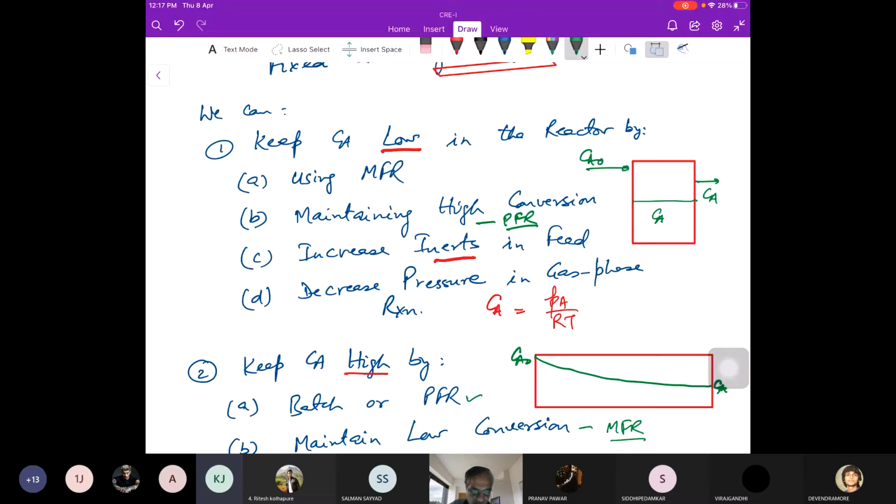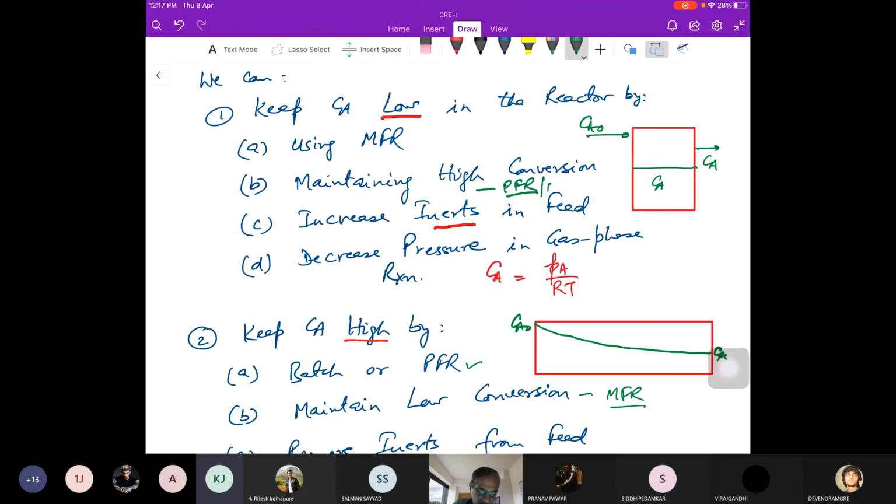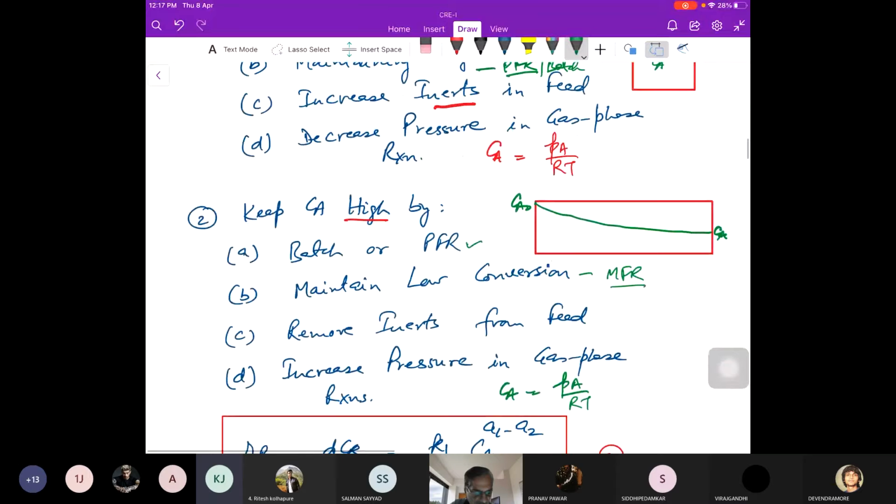If I use an MFR, automatically it becomes low concentration. If I'm using a PFR, I should have high conversion, which means automatically the Ca concentration is low. PFR or batch doesn't matter. Is this understood? How to achieve Ca low and high in the reactor?